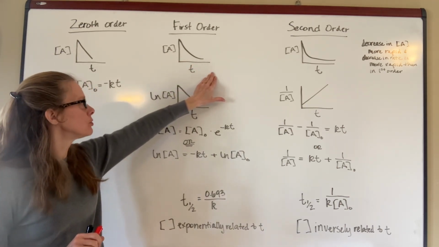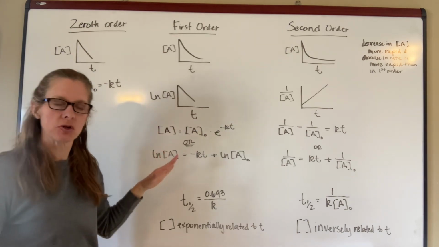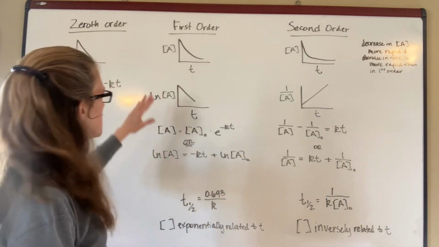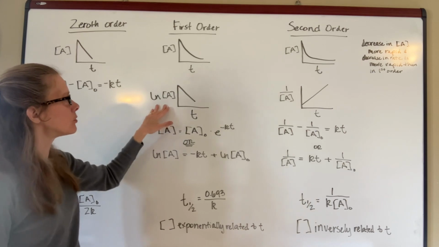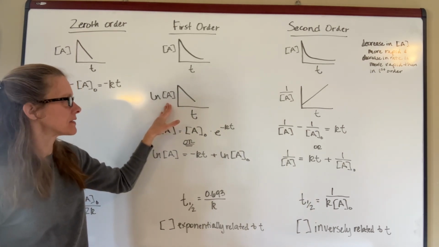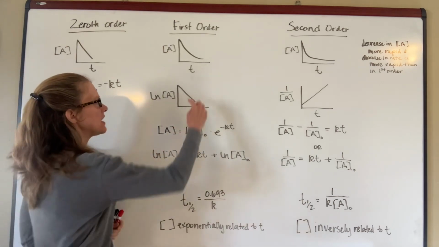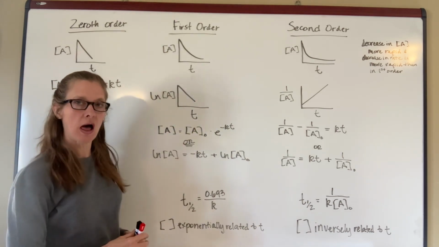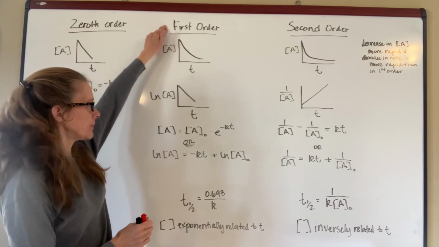If I do what's called an integration, which again, that's calculus and you don't need to understand it, but if I take the natural log of the concentration of the reactant and plot it over time, this now becomes a straight line for a first order reaction.